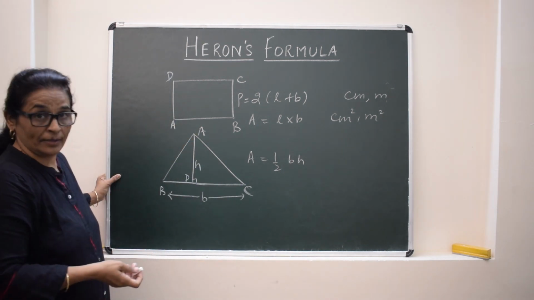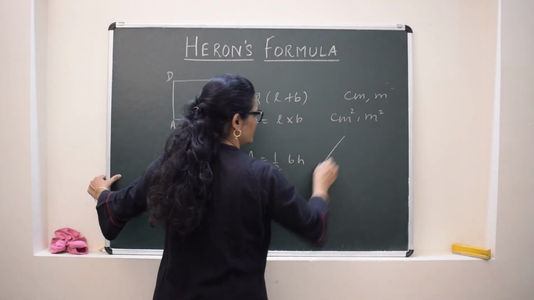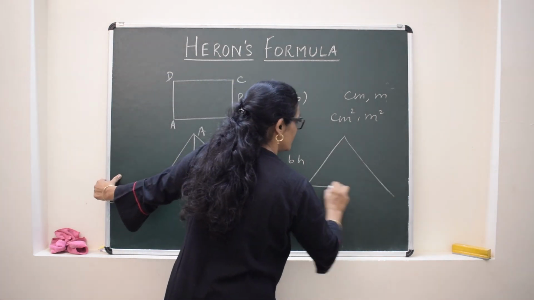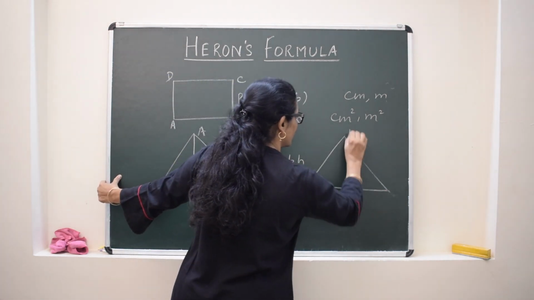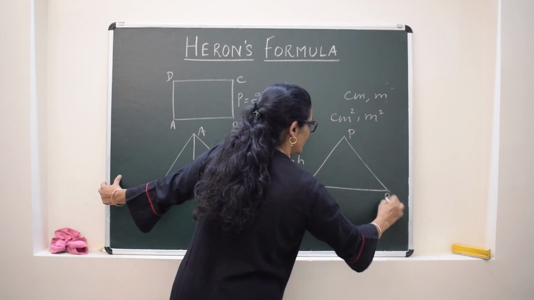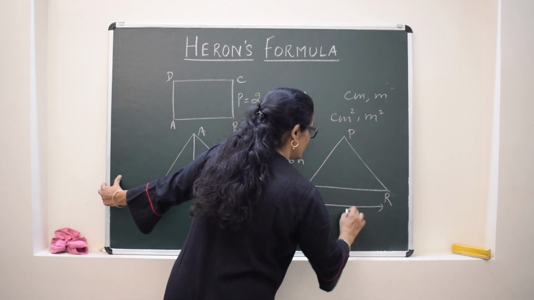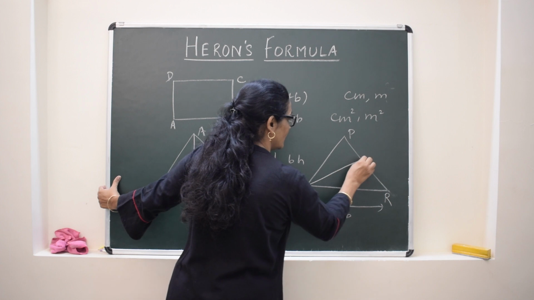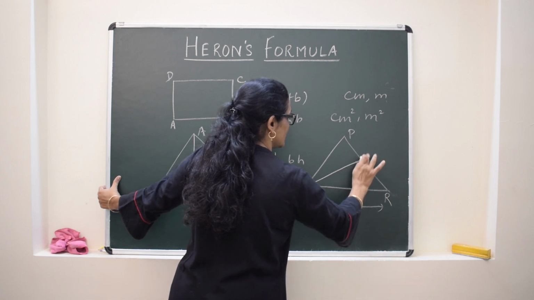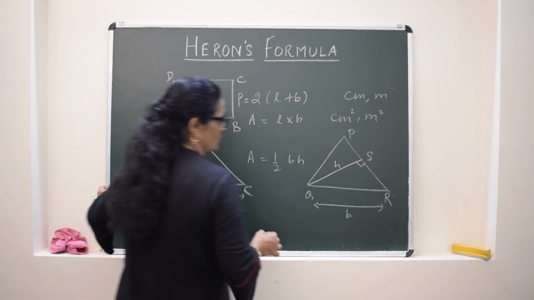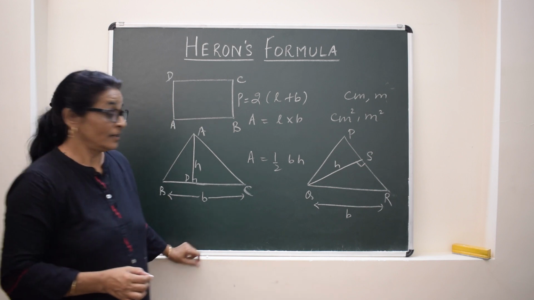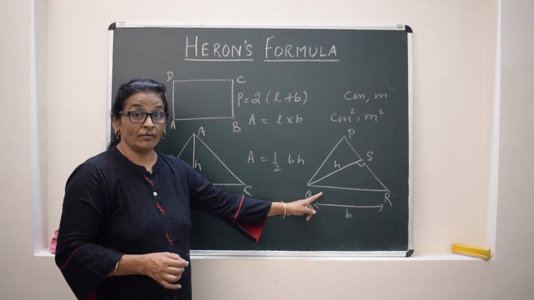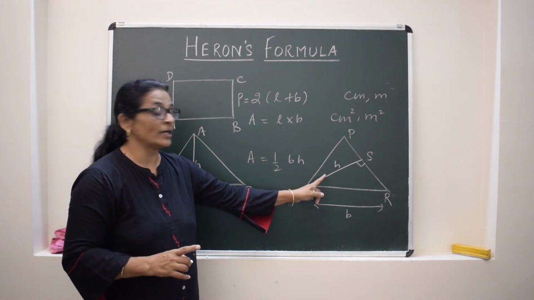But at the same time, if I take a triangle and for this triangle, if I say the base is B and this is some height H, then the area of this triangle will not be half base into height.